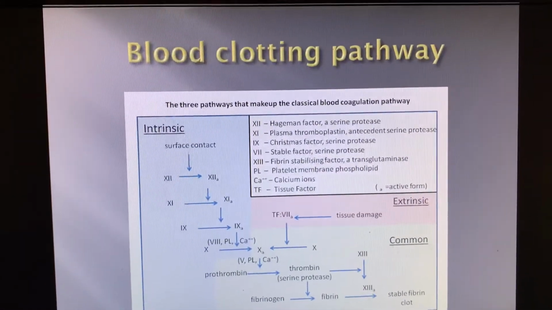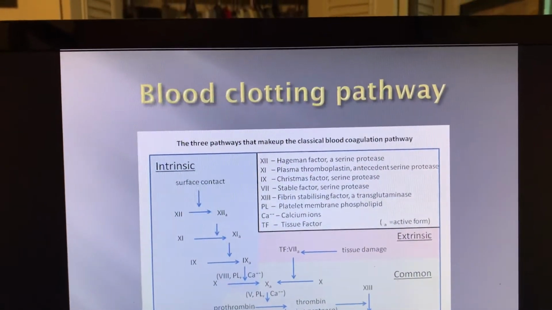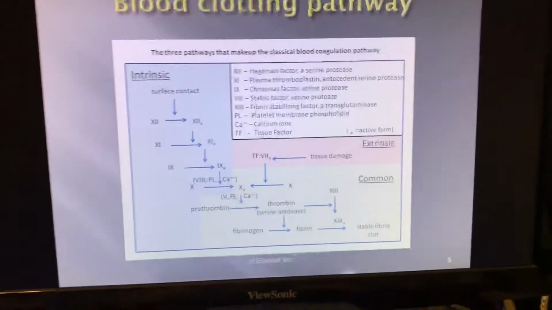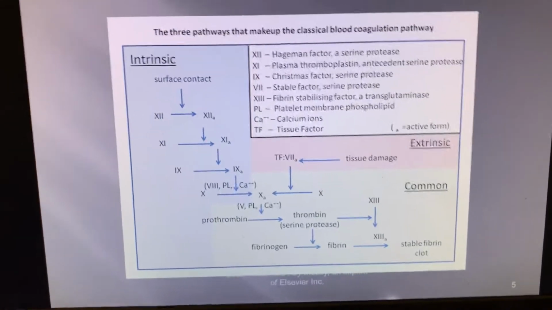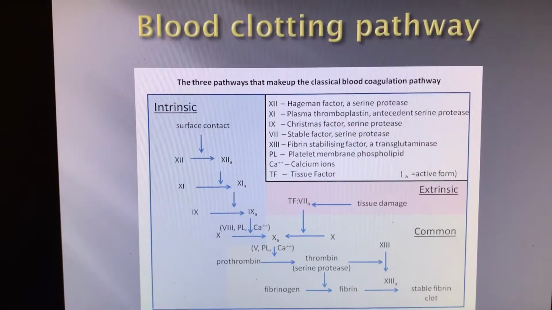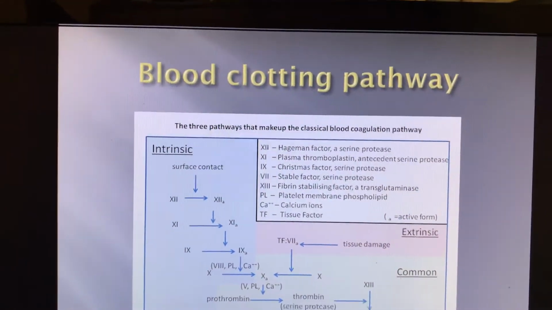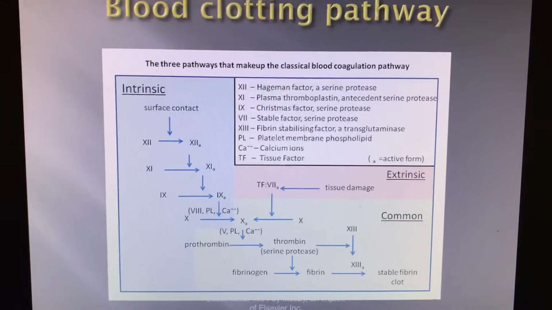And then it causes the release of fibrinogen, which then causes the release of fibrin. Fibrin begins to sort of harden into a net-like material.